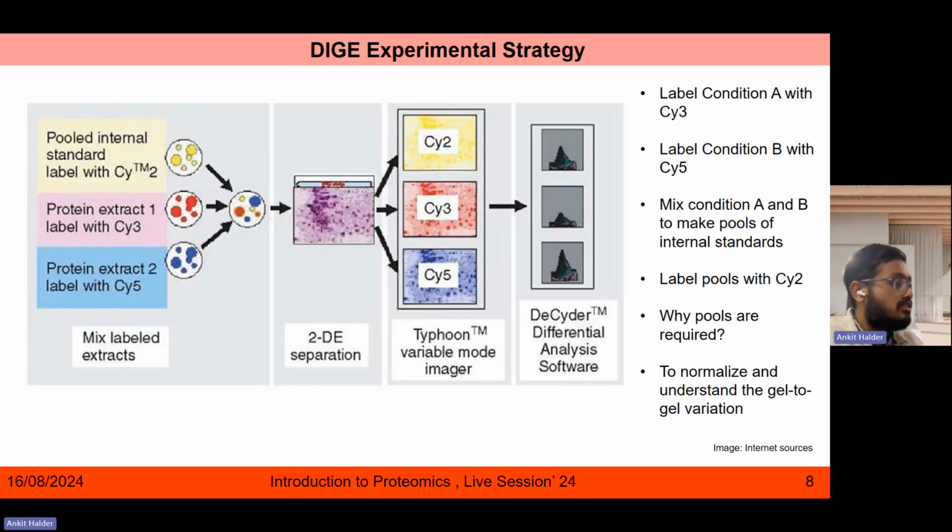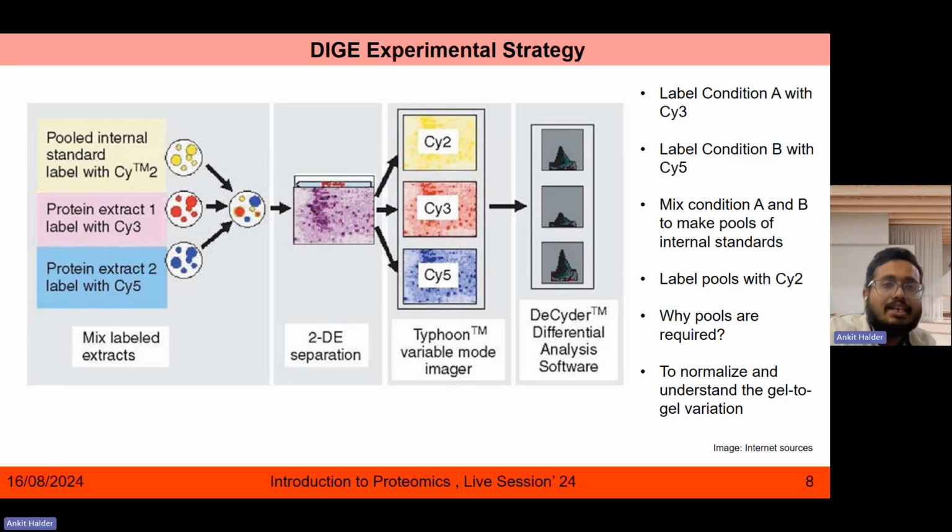Now, if we try to understand in a deeper manner, why are we using three dyes when the conditions are only two, where we are trying to match one condition with another condition? But we are having three different dyes.